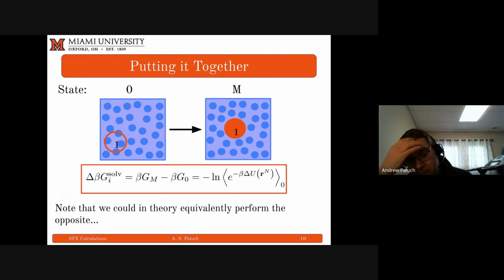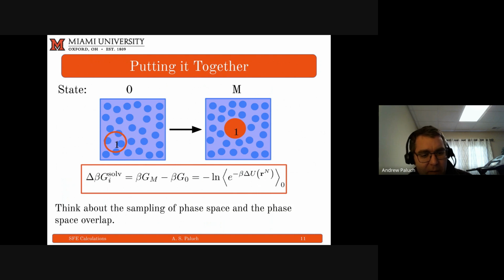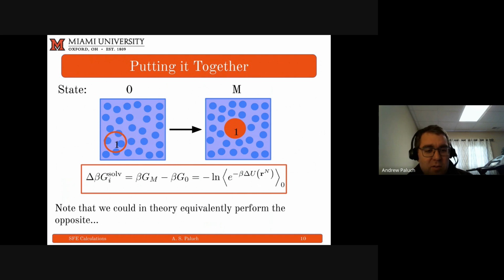Now, in theory, we could also work in the opposite direction. I could model my reference state and perform these fictitious perturbations to compute the change in energy between my reference and target for a given configuration. So I only perform a simulation in my reference state.